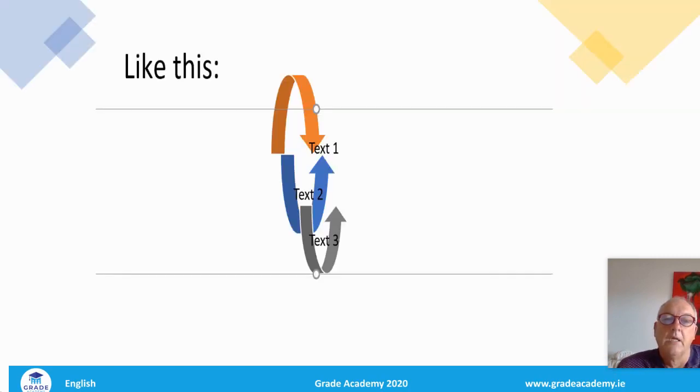It's like this. The orange one is like text one. It's kind of like the anchor text, the launch pad for each point. It's better to use one text for that. You don't have to. There is no regulation about this. But it's better because it gives you a consistent way of managing and organizing the stages of your answer. So begin, I would say, so with many teachers, in text one.